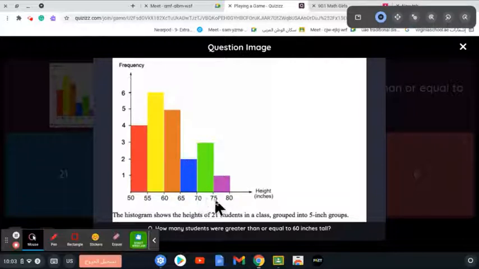Then 70 to 75 is 3. 7 plus 3 is 10. 75 to 80 is 1. 10 plus 1 is 11.